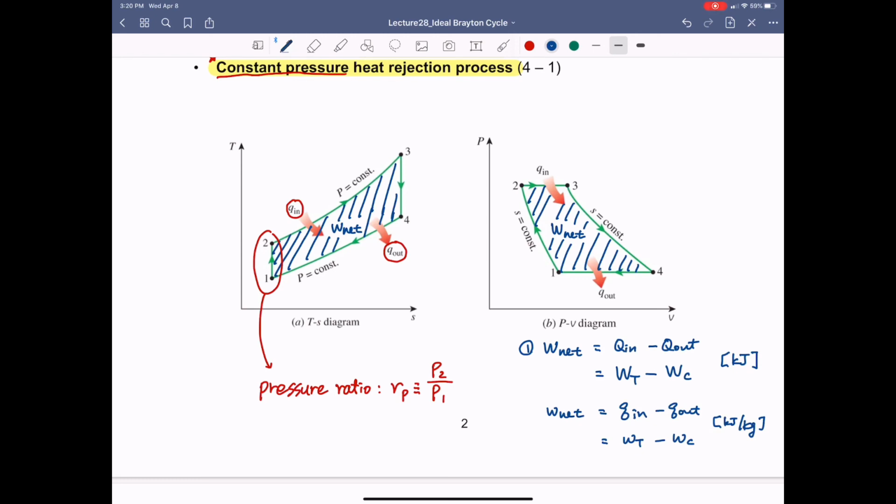And now the second thing that we have to think about is thermal efficiency, which is defined as net amount of work divided by heat input, or which is the same as in the capital case as well.